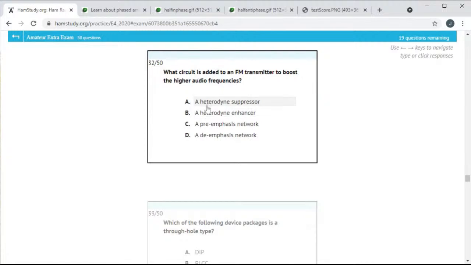Heterodynes I hear in relation to HF radios, not FM, so I'm not going to go with that. De-emphasis talks about attenuating and lowering, so I'm going to go with pre-emphasis.